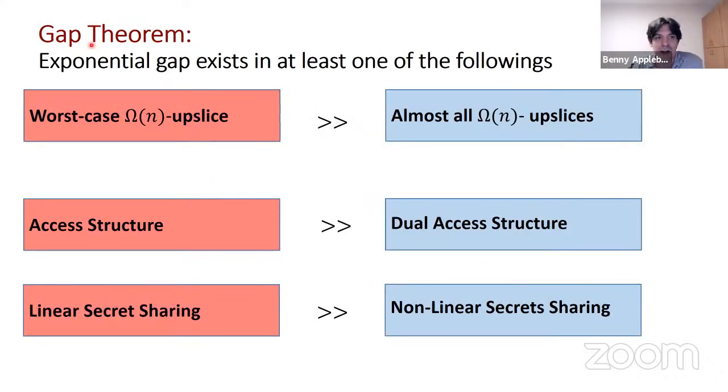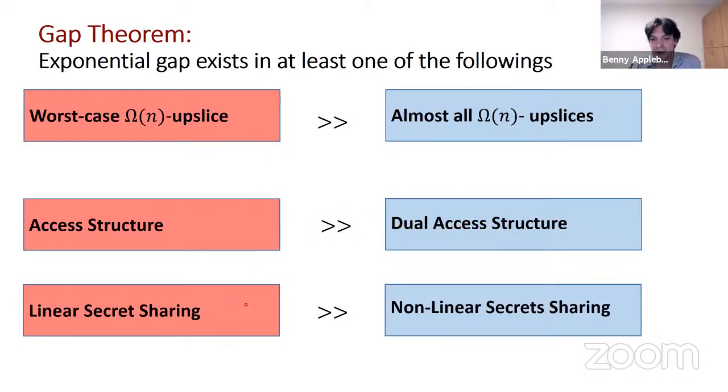We can prove unconditionally a gap theorem that says that there exists an exponential gap in at least one of the following cases. So either there's a gap between the worst case and the average case up slices, right? Worst case DNFs versus random DNFs, or there exists an exponential gap between access structures and their duals. Okay, and this is an interesting open problem whether the two are equivalent. This is a well-known problem.